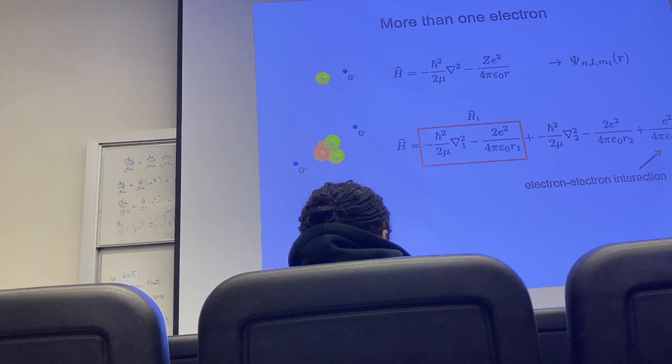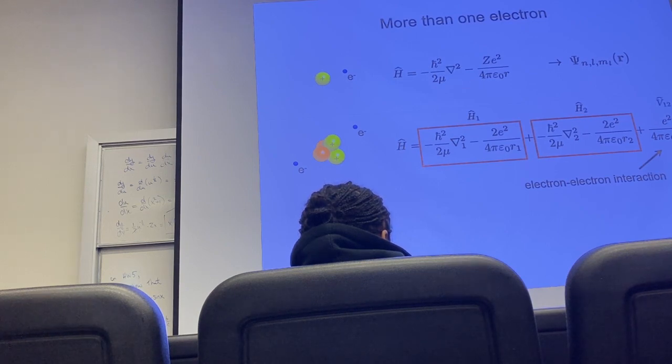So this is the interaction of the electron with the nucleus plus the kinetic energy of that electron. Electron number 1. But I have 2 electrons, so there's another one. So there's H1, which is just the kinetic and potential energy of the electron number 1 with the nucleus. H2 is the same for the second electron, its kinetic energy and its interaction with the nucleus. And then, of course, the last term is the mutual interaction between the 2 electrons.